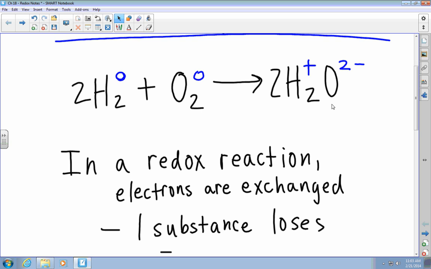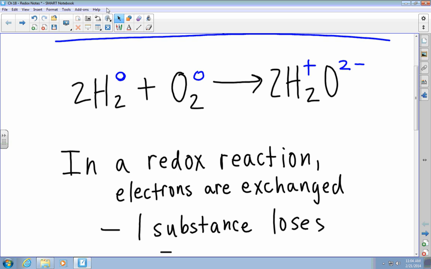For charges to change, an atom is either going to have to lose or gain electrons. So for the hydrogen, it's going from 0 to 1 plus. That means each hydrogen has to lose an electron in order to do that. So it loses a negative electron, ends up with an extra positive charge. That's why it's 1 plus.